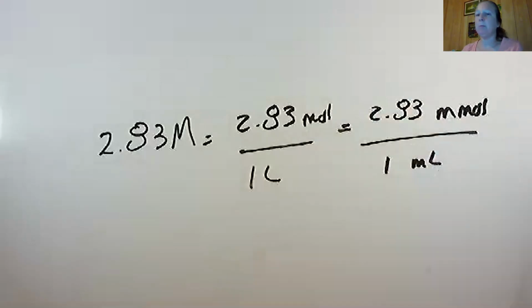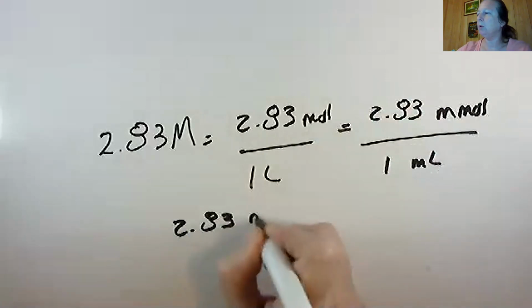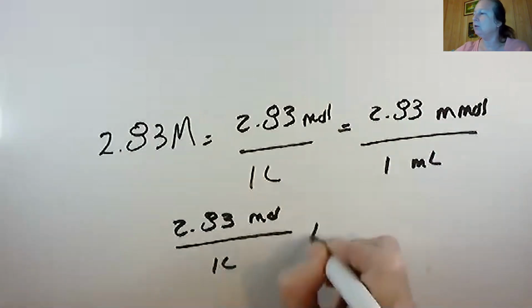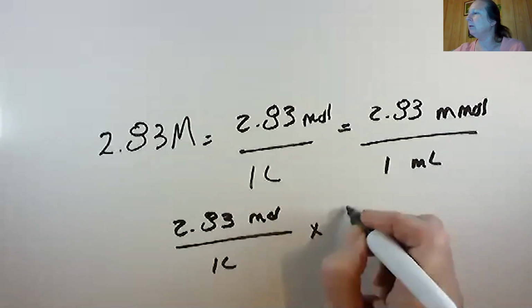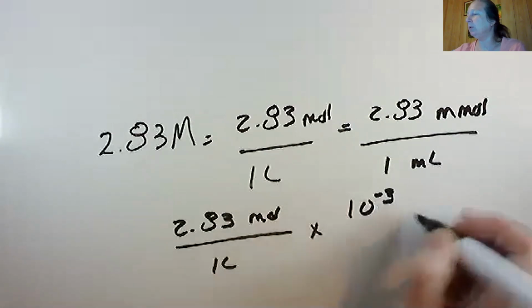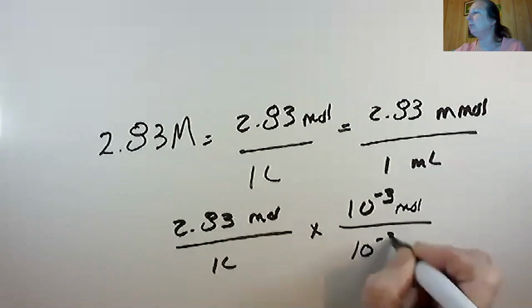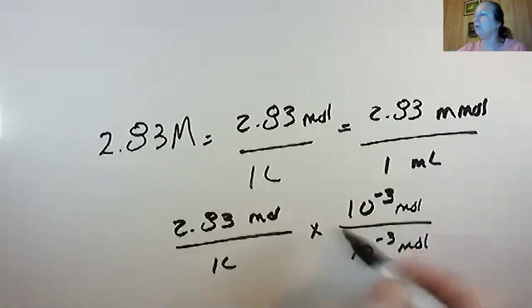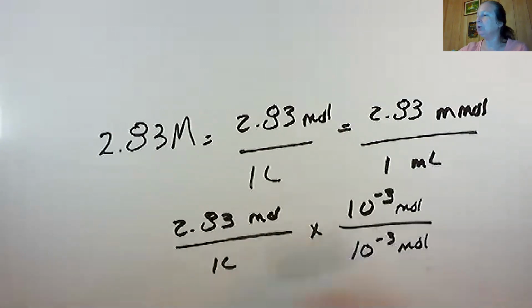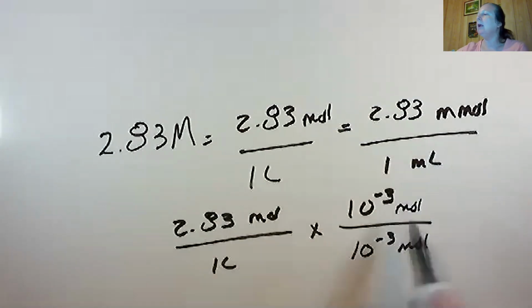If your milli is top and bottom, it's the same thing as saying 2.83 moles over 1 liter times 10 to the minus 3, which is a millimole, over 10 to the minus 3. That's a millimole. So you're basically multiplying this because 2.83 moles times 10 to the minus 3 is millimole. As long as you do the same to the top and the bottom, this is equal to 1.